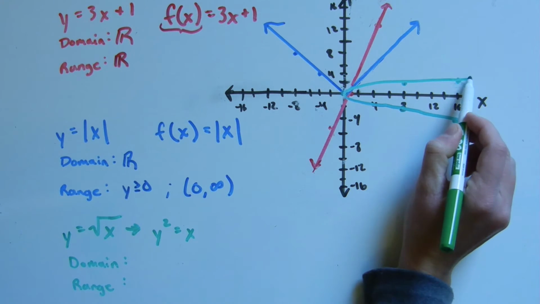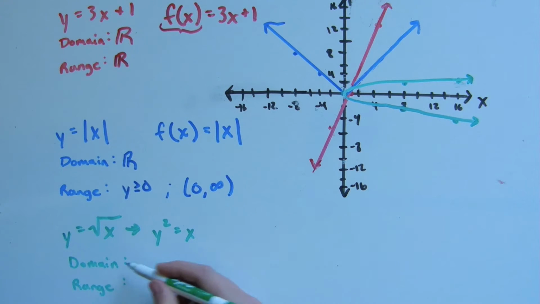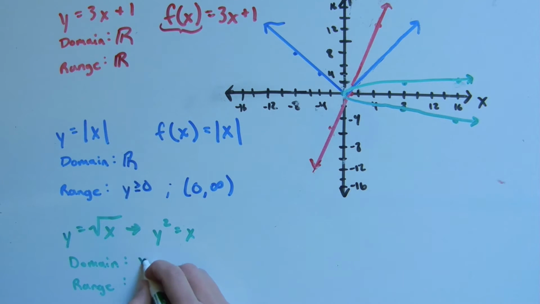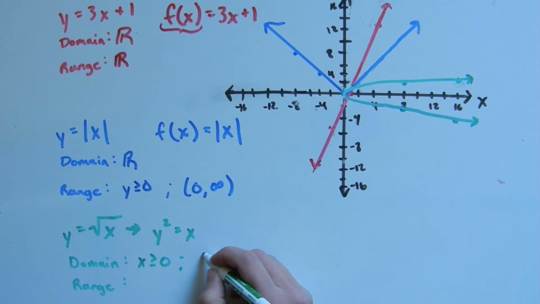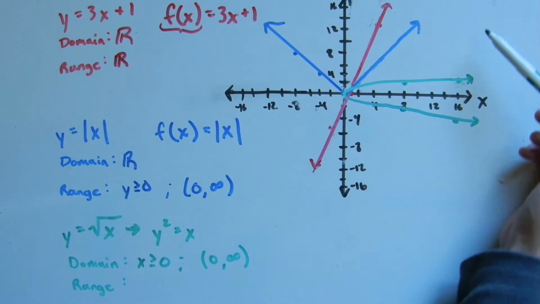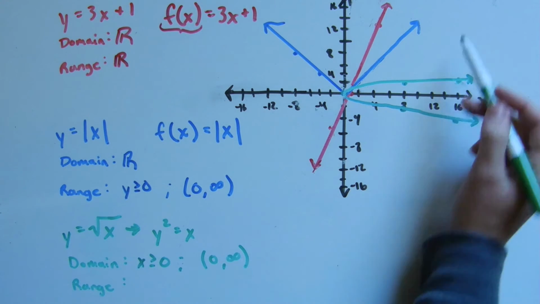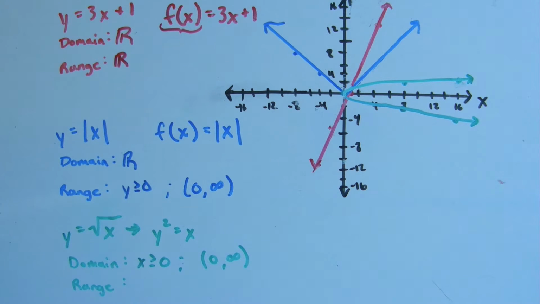It's actually going to be more like a sideways U. So the domain, x is only ever positive. So x is greater than or equal to 0. In interval notation, that would be 0, comma, infinity. Looking at the range, y can go on infinitely in the positive direction, and it can go on infinitely in the negative direction. So the range is all real numbers.